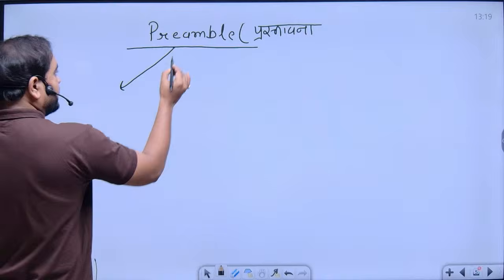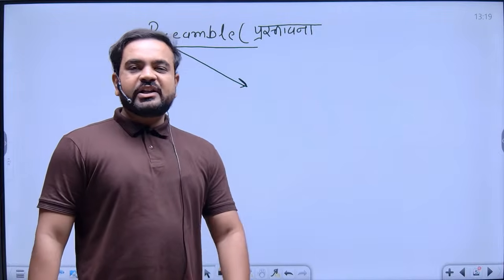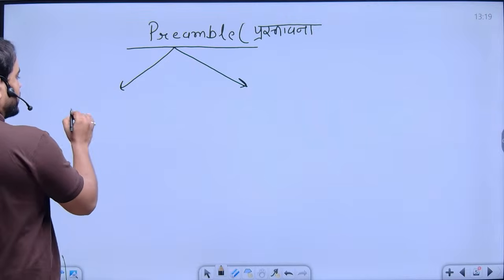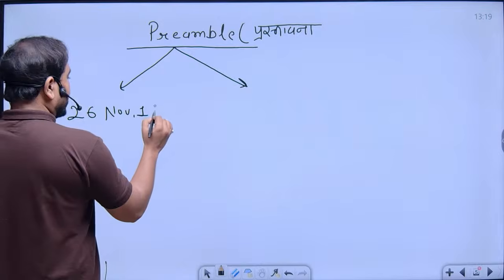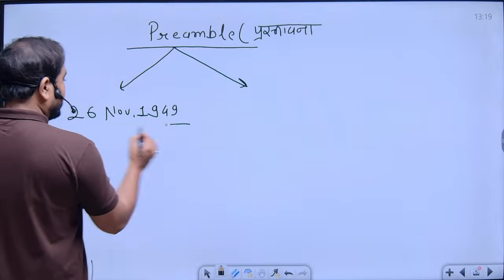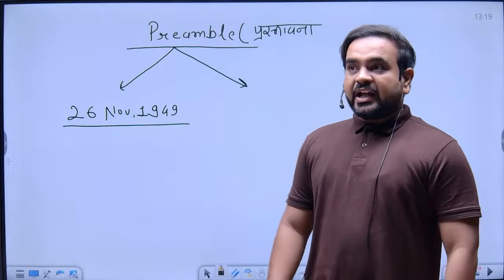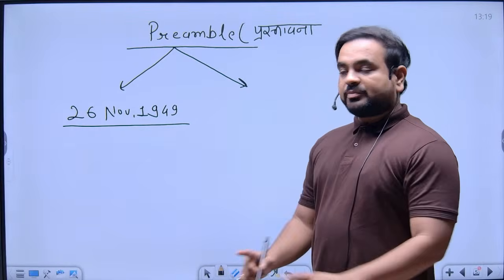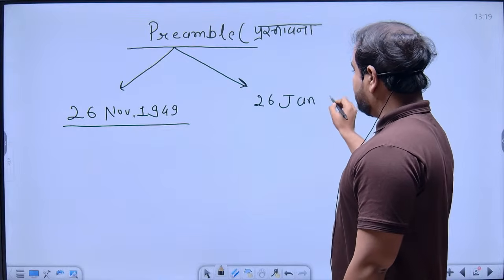Why? Because implementation of our constitution actually deals with two dates. Some parts of the constitution were implemented on 26th November 1949, but not all parts of the constitution. The whole constitution was implemented on 26th January 1950.